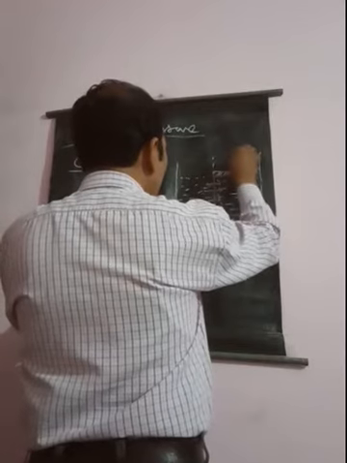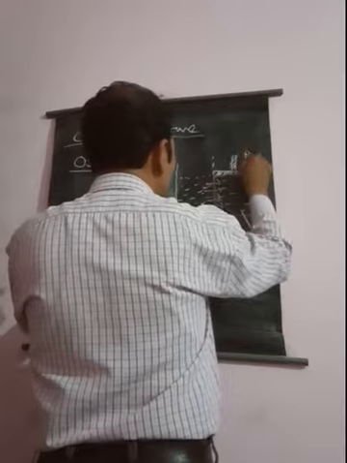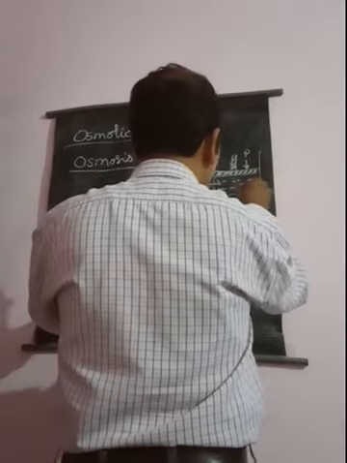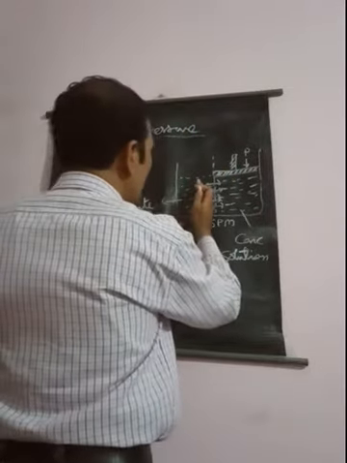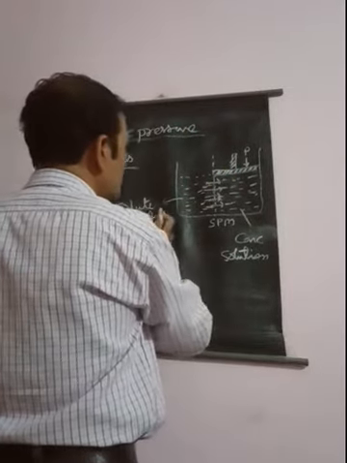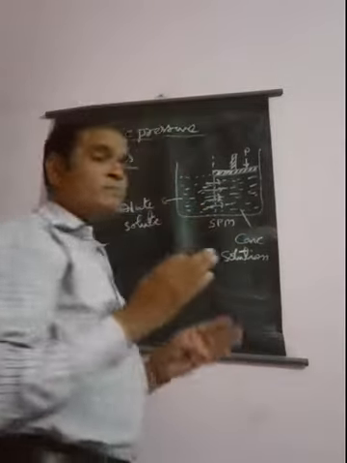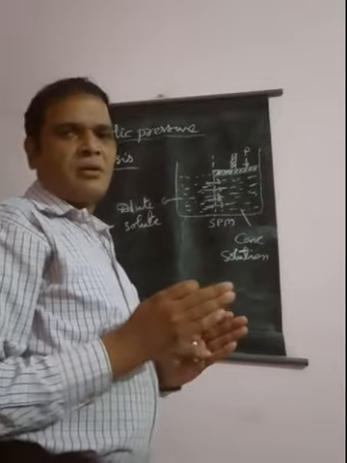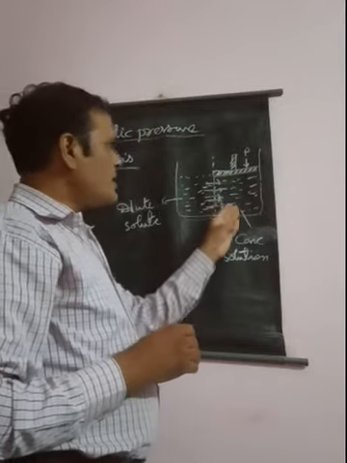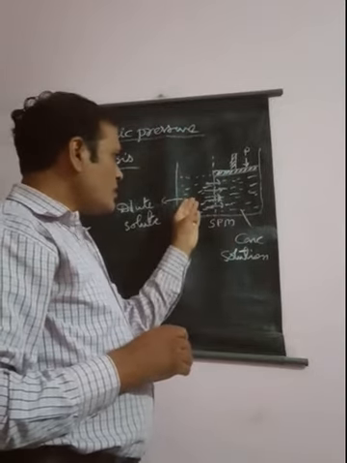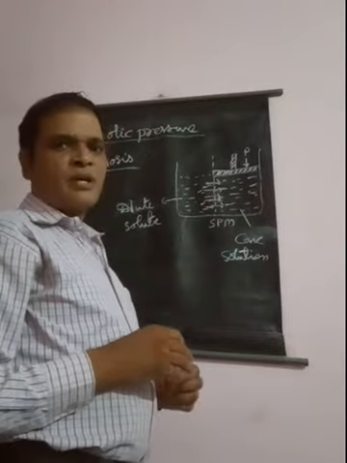Then the movement of the solvent molecules from the dilute solution towards the higher concentrated solution will stop. That particular pressure is known as osmotic pressure. So here we apply the osmotic pressure to check or stop the process of osmosis.